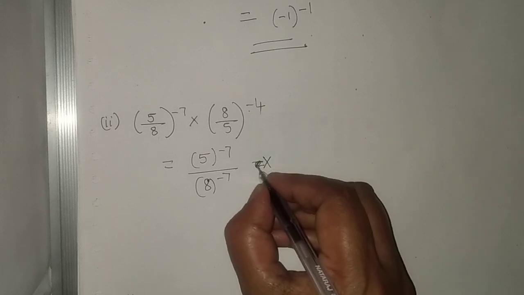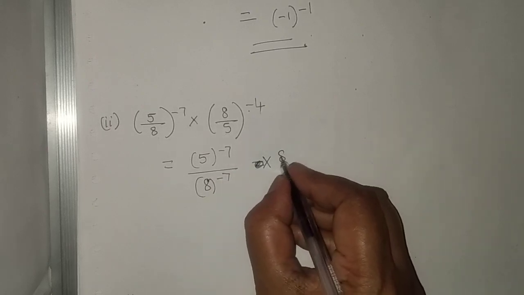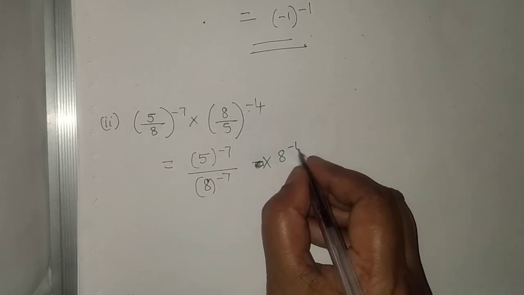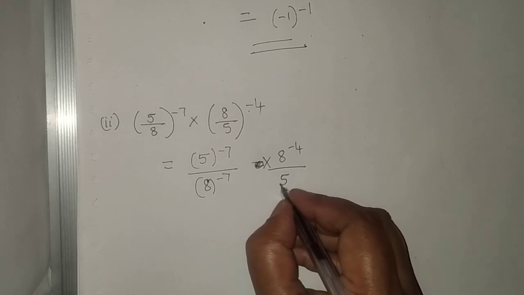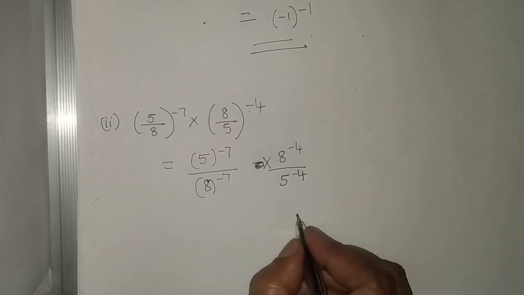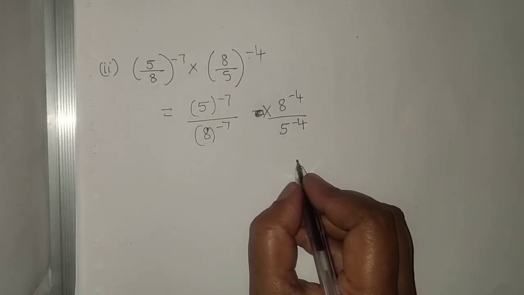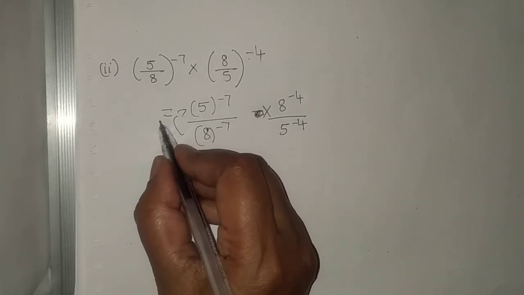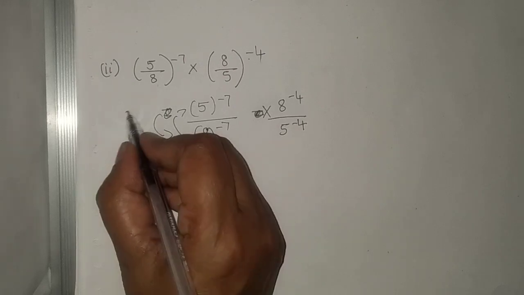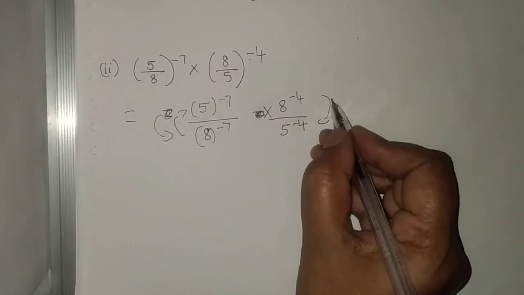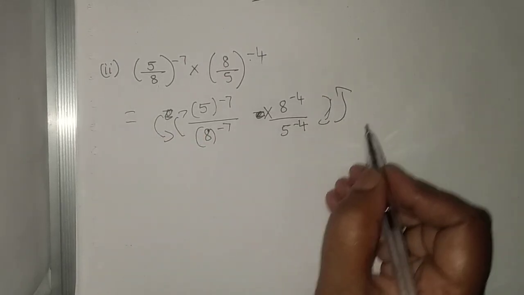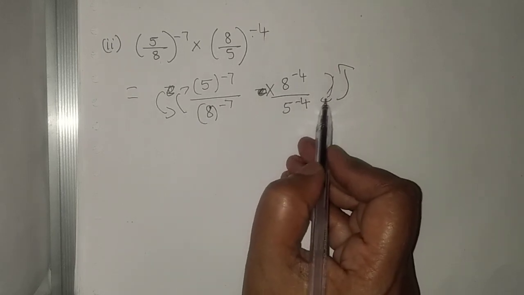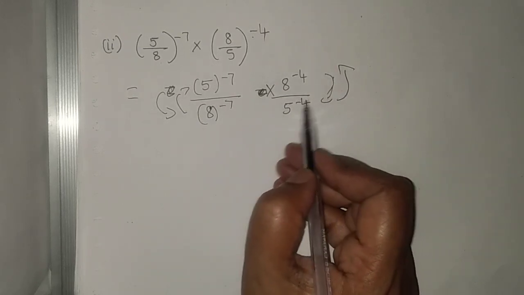Into is there, and again here also we'll split the power to numerator and denominator separately. Now we'll interchange again, numerator to denominator and denominator to numerator, same thing. I have shown this by using these arrow marks.